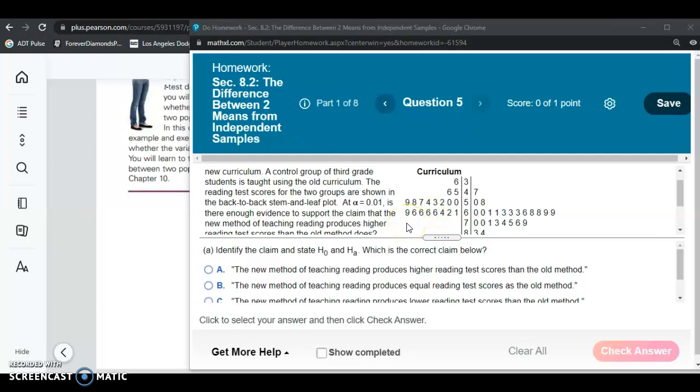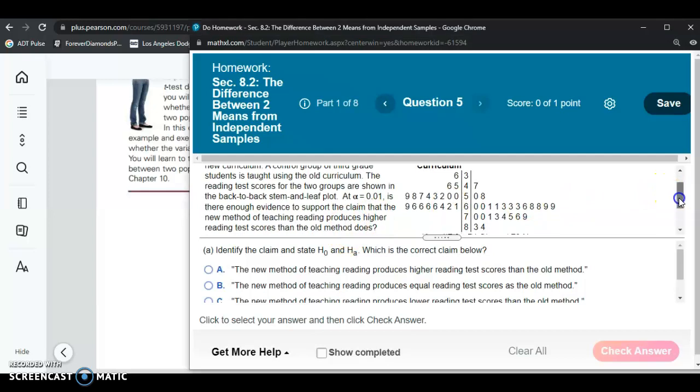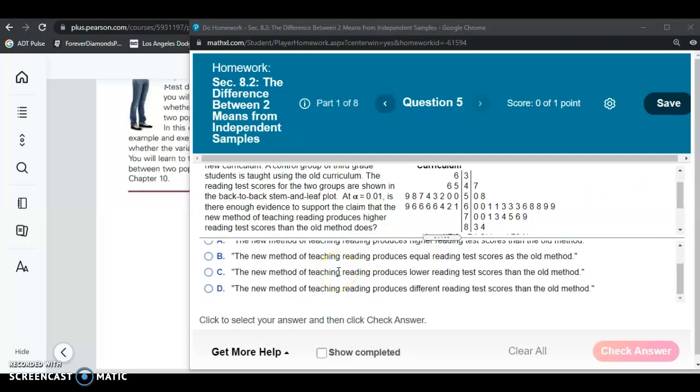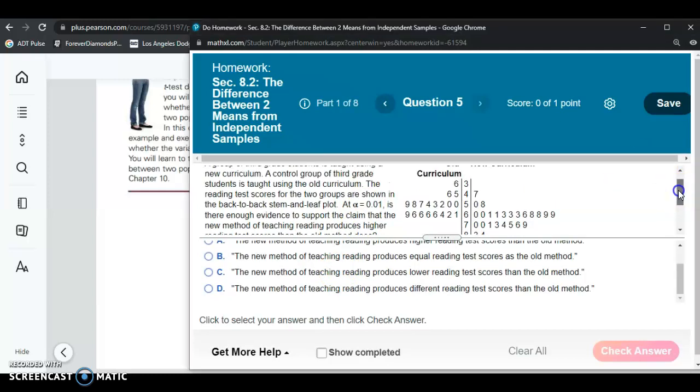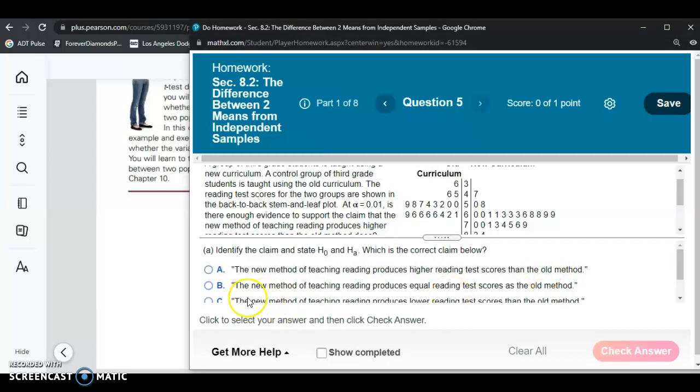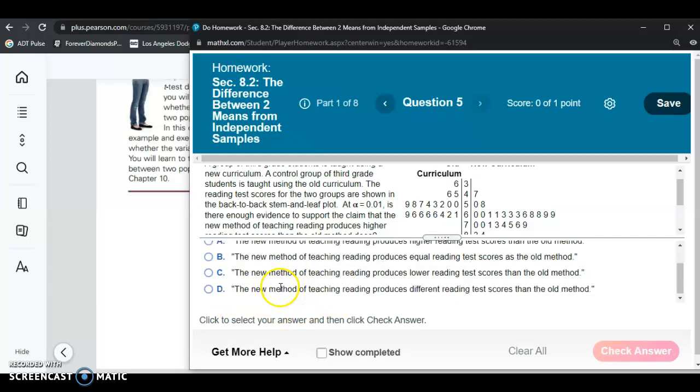At a level of significance equal to 0.01, is there enough evidence to support the claim that the new method of teaching produces higher reading test scores than the old method? Carefully read the answer choices below and select the one that most closely matches the claim given in the problem. Answer choice A makes the most sense here.